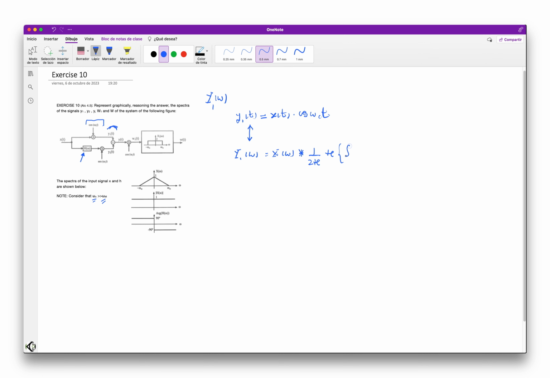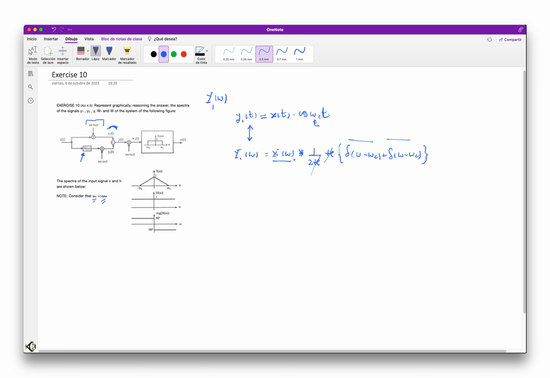It's a pi and 2 deltas, one to the right and one to the left of the omega c frequency, where omega c is the frequency of our carrier. And this pi and this pi get cancelled, and we get one divided by 2, and then we have the convolution of the x signal with 2 deltas.